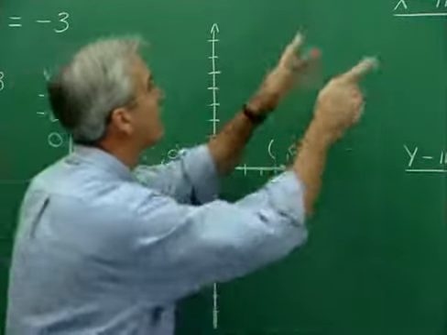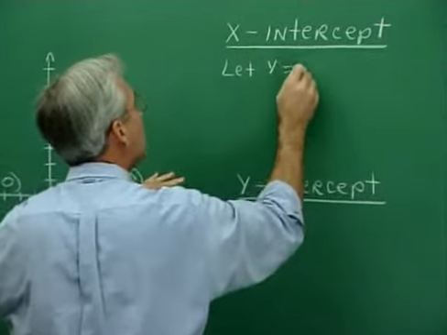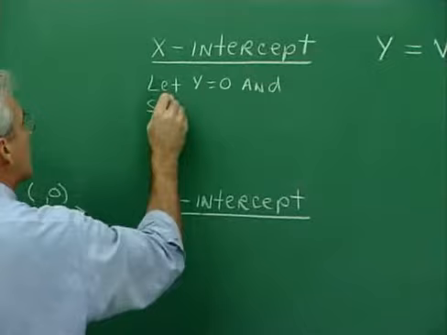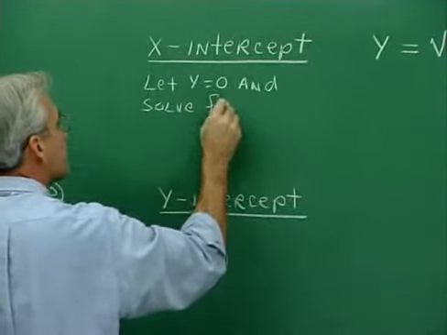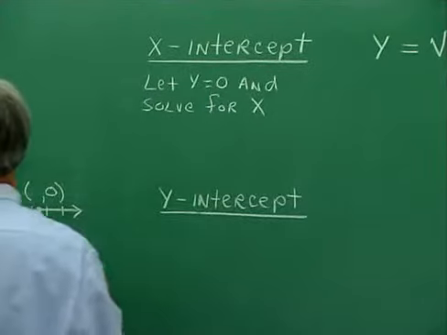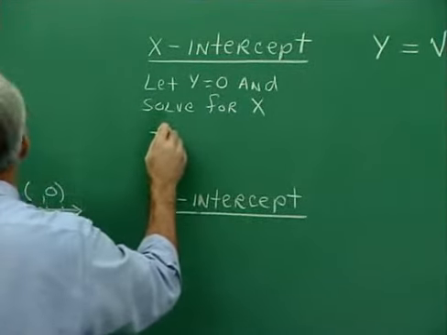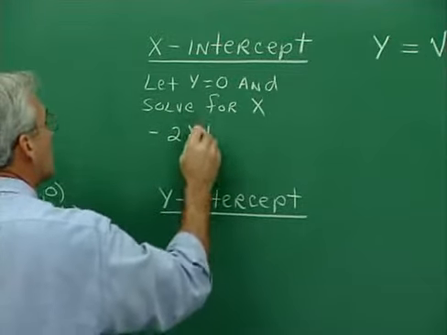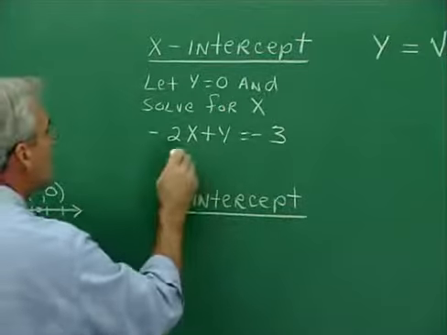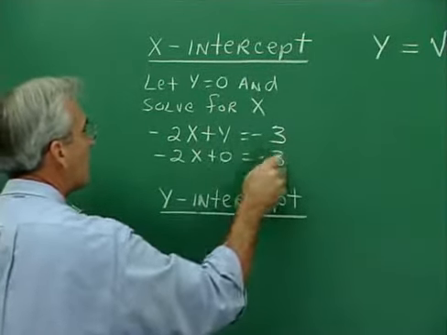So up here for the x-intercept, we let y be 0 and solve for x. If we're talking about the equation we just looked at, I'll use the original form of the equation. It's negative 2x plus y equals negative 3. And if we let y be 0, we have negative 2x plus 0 equals negative 3.